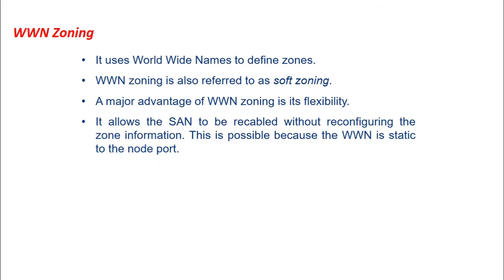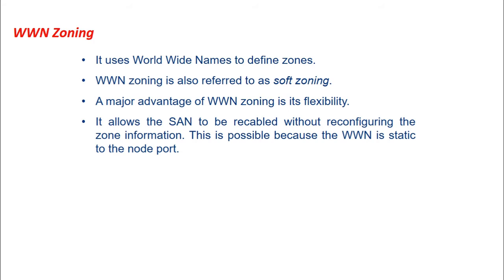The second type of zoning we have is worldwide name zoning, or WWN zoning. It uses the worldwide names to define the zones. Worldwide name zoning is also referred to as soft zoning. A major advantage of worldwide name zoning is its flexibility. That is, it allows the SAN to be recabled without reconfiguring the zone information.